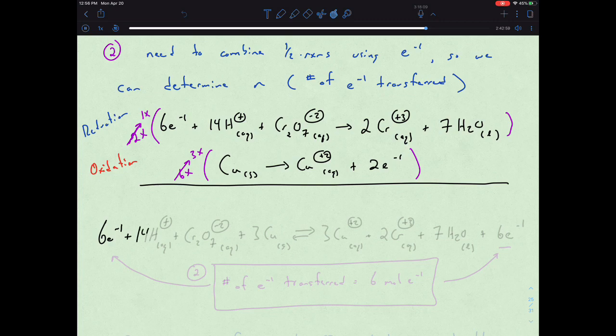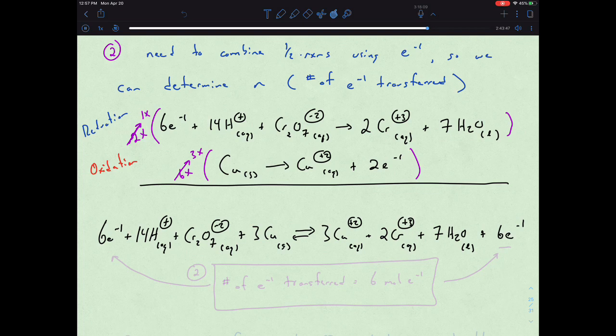So if we write out now the entire reaction, starting from the top, the reduction, we have the 6 electrons, the 14 protons, the dichromate, and now the 3 coppers, basically producing 3 coppers that are in that +2 state, plus 2 of the chromiums that are +3, plus 7 H2Os, and 6 electrons.